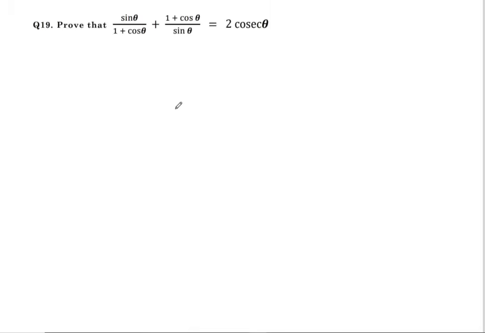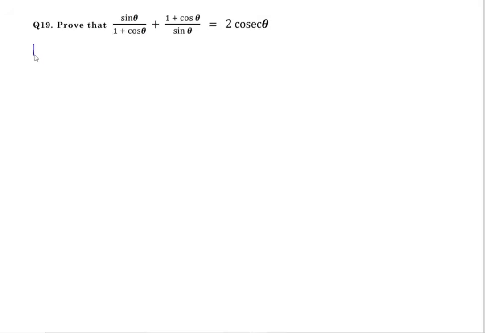To solve trigonometry, your basics should be strong. If you know the basics, it is very easy to solve. Trigonometric ratios are just ratios with names, which are related to the triangle. Now we need to prove that sin theta by 1 plus cos theta plus 1 plus cos theta by sin theta equals 2 cosecant theta.